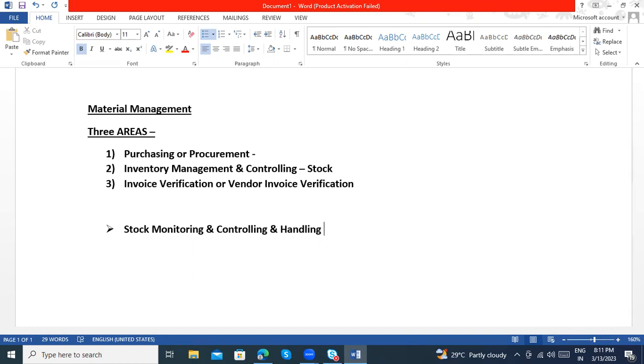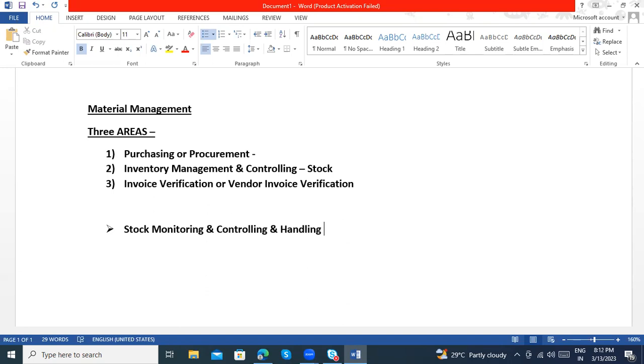Suppose I got the stock today, so I'm counting that stock and placing it into my location, exactly where I want to put the stock. There are also conditions, like my client follows quality inspection.